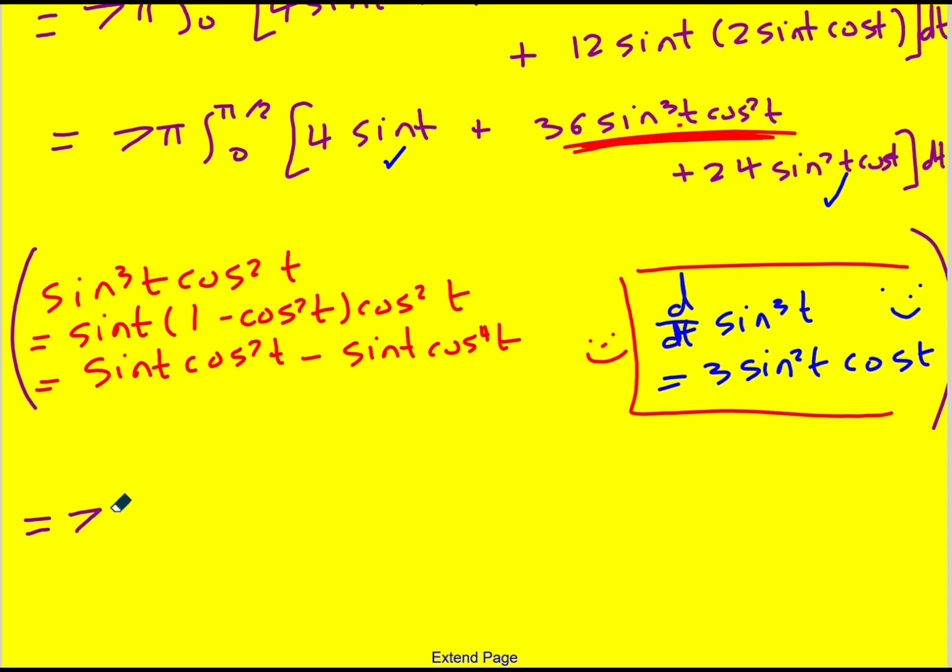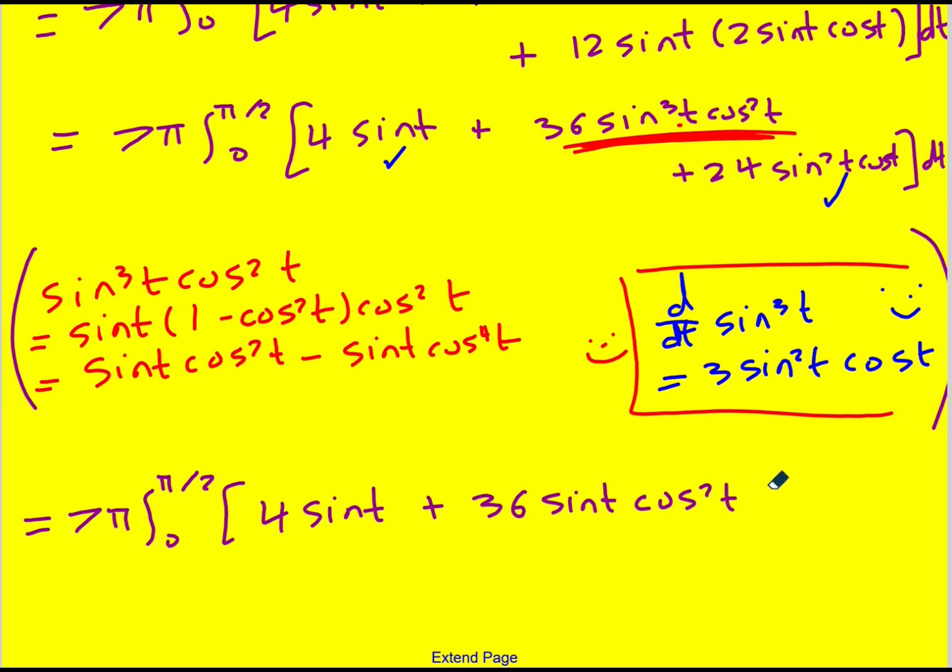So now I'm going to get 7 pi integral from pi over 2 to 0. Before I integrate it, let's just write this down. So 4 sine t plus 36 sine t cos squared t minus 36 sine t cos to the 4t.